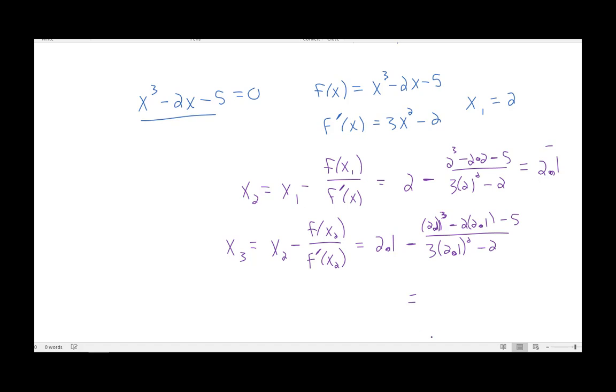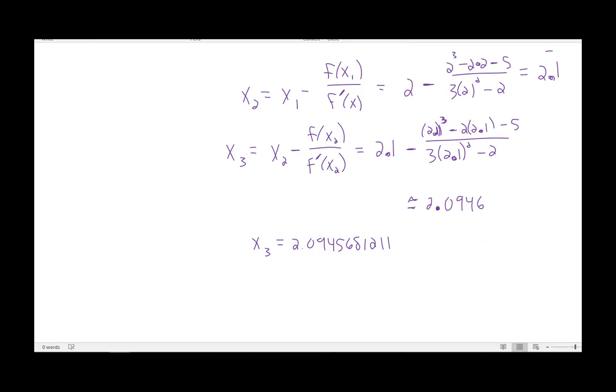Plugging that into a calculator, we get approximately 2.0946. All right, now I don't want to be too lazy. I wanted to give a little more decimal accuracy, so I took out a calculator, and this would actually be 2.0945681211.